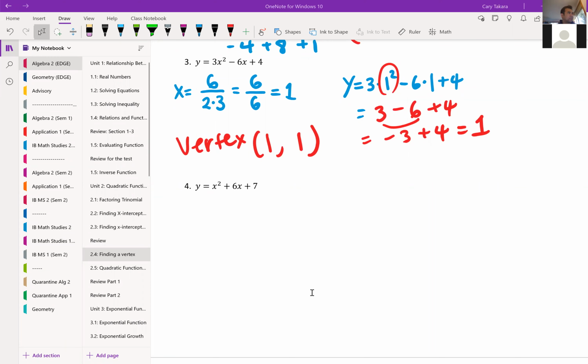Anybody else? Let's do the x coordinate.